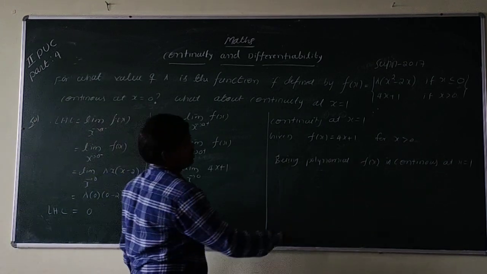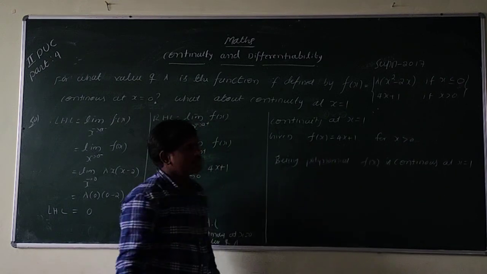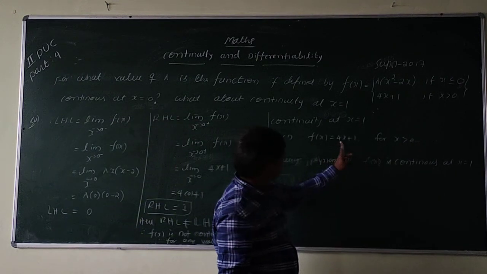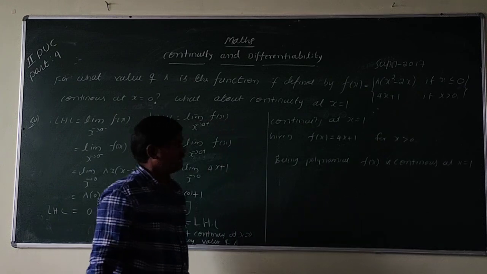So f of x equal to 4x plus 1 is continuous at x equal to 1.